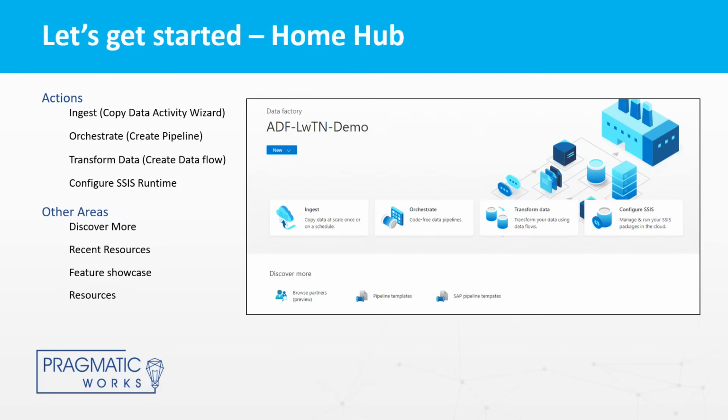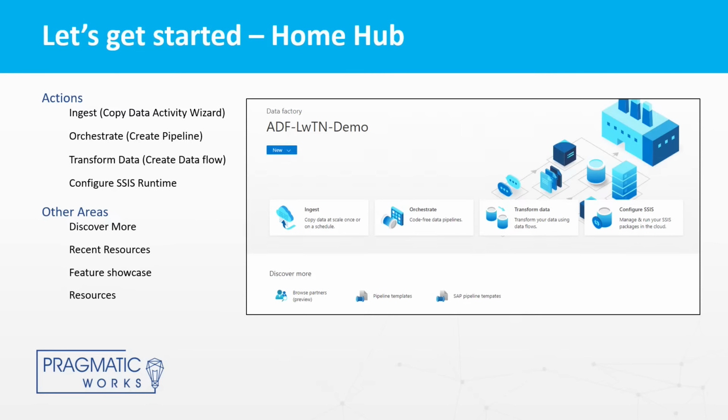So in this section, you have some actions. The home hub is like an overview basic hub where you have access to actually do a lot. You're going to see your recent resources. You're going to see some wizards, so you can see that ingest option. That's a quick access button to launch the copy data activity wizard, which is going to be the first pipeline that we're going to create.